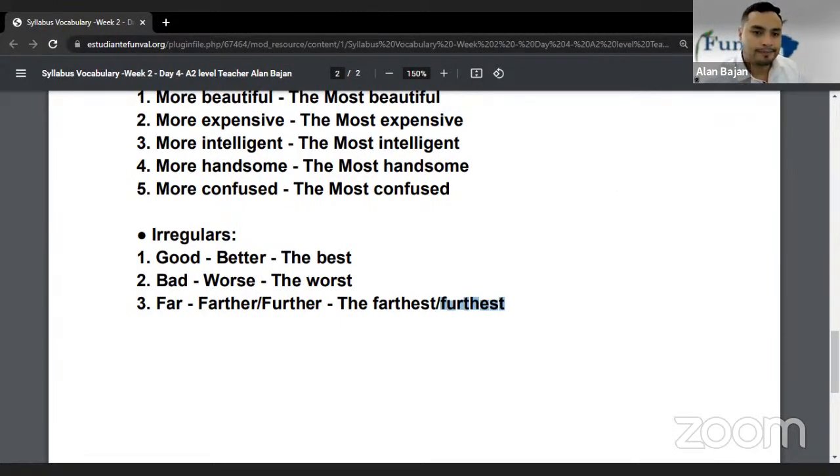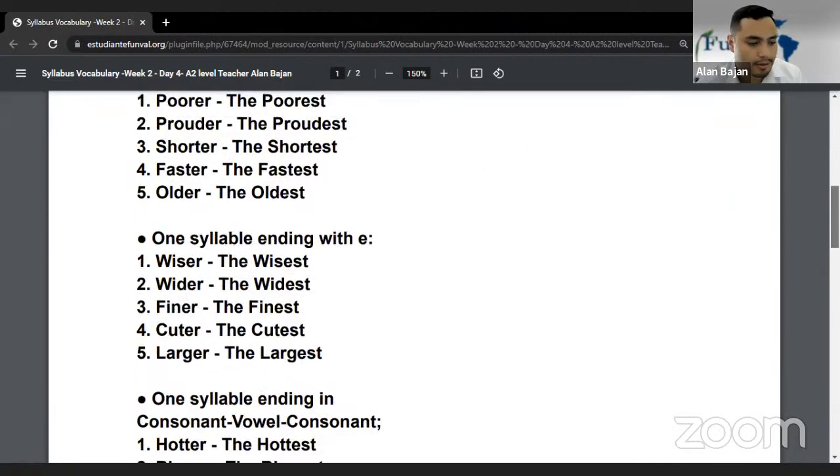Teacher, how do you repeat the second rule? This one says that we have an adjective with one syllable, like wise, wider, wide, sorry, wide, fine.